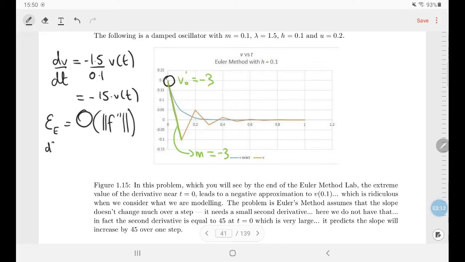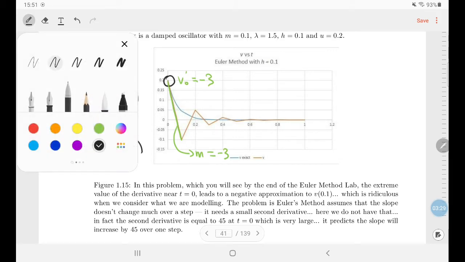So the second derivative of v is minus 15 times the derivative of v of t, and the derivative of v of t is dv/dt, which is also minus 15 v of t.